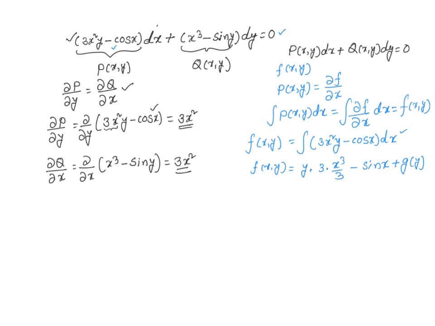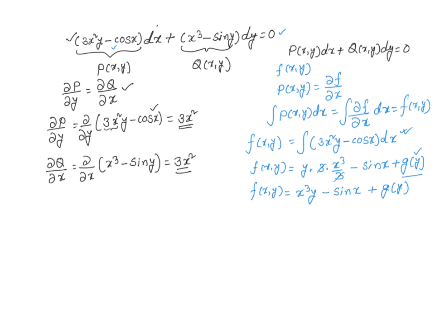Remember, we are taking the integral with respect to x, so it's not an arbitrary constant, but rather a function, by the way. So g of y is a function of y that serves as a constant because we are taking the integral with respect to x. Now let me simplify it further. f of x comma y: the 3 is going to cancel out, giving me x cubed times y, then minus sine of x plus the function of y, g of y.